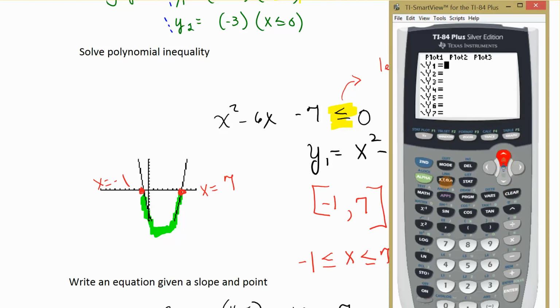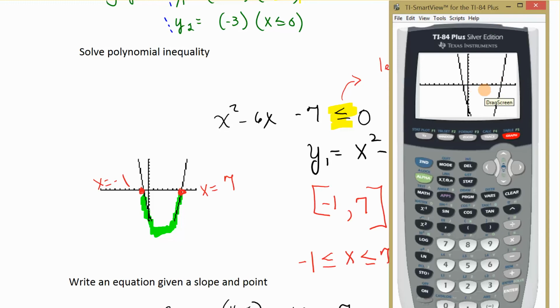And so we want to go to x squared minus 6x minus 7. We're going to put that left side in y1, and we're going to put 0 in y2. And then we're going to graph. We get a picture similar to what I've drawn over here, and then we need to find those two x-intercepts.